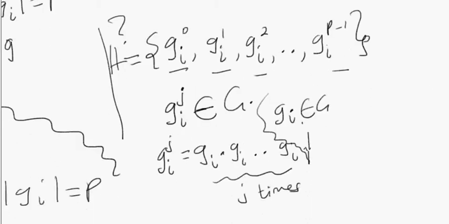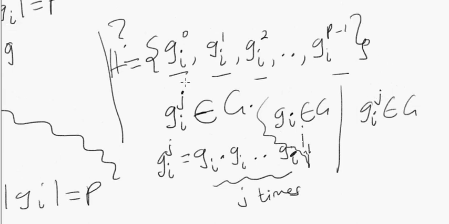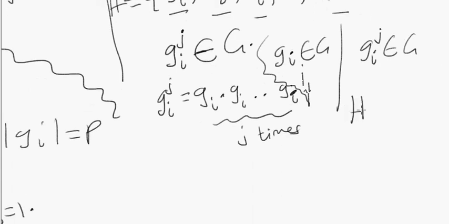Isn't that a consequence of the fact that the group is closed? Right? So if G sub I to the J is actually an element of the group, for any J, can we at least conclude that H is a subset of the group G?